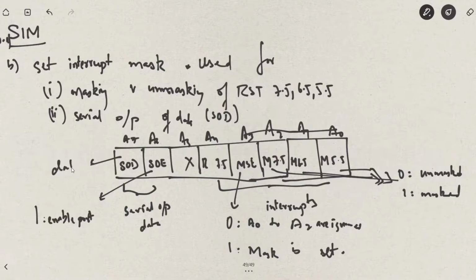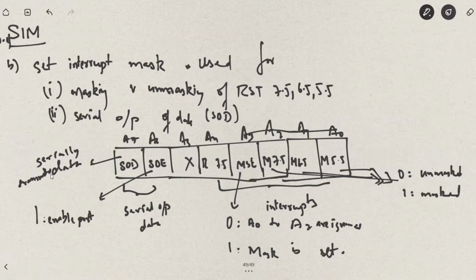This is the serially transmitted data. So this is the register that can be used while the SIM instruction is being used through the accumulator, and these 8 bits of data have certain significance if they are 0 or if they are 1.